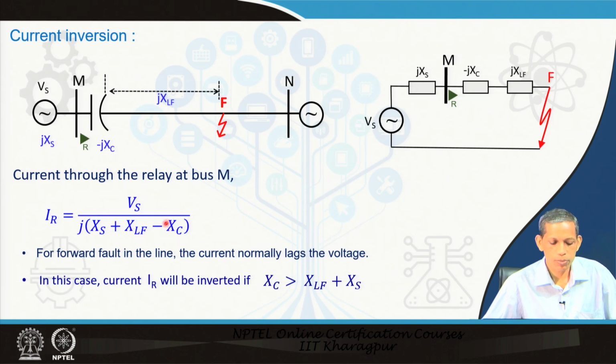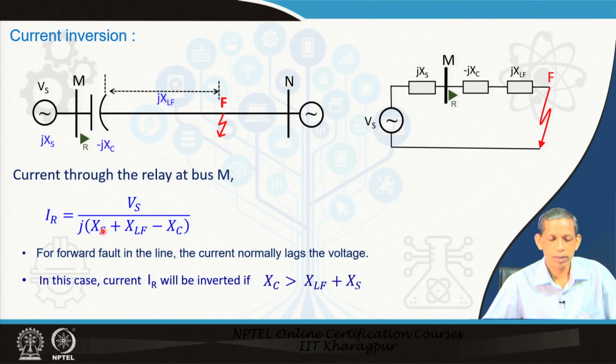Now, what happens in the presence of this XC is that there is a chance this part can be negative. So, when XC becomes greater than XLF plus XS, this combination becomes negative. It means that as compared to the normal case, the corresponding current will be in antiphase.